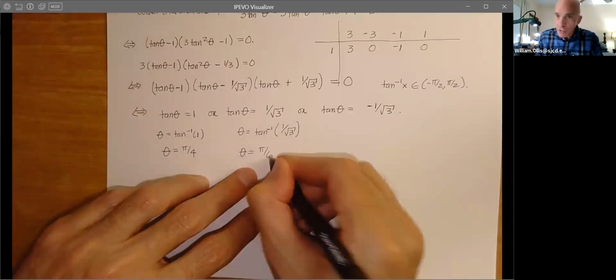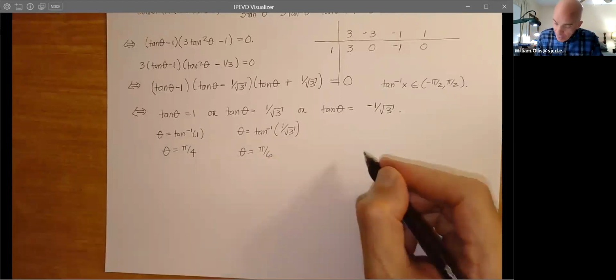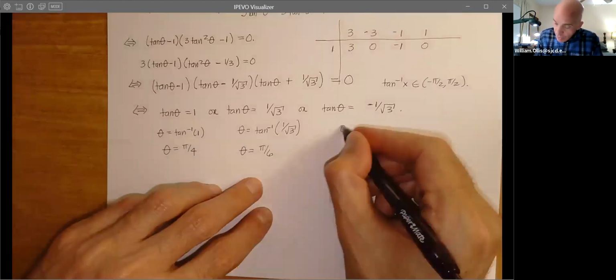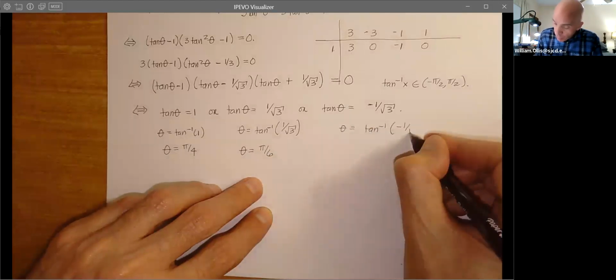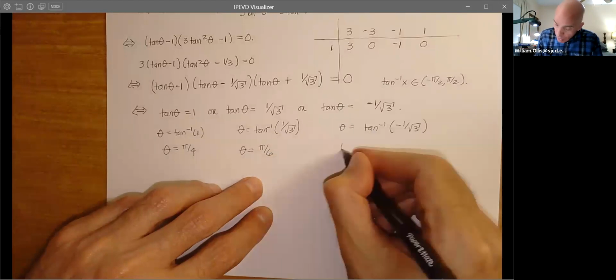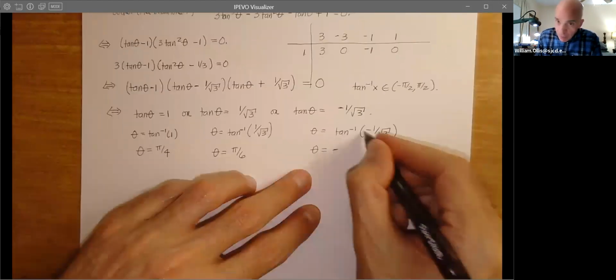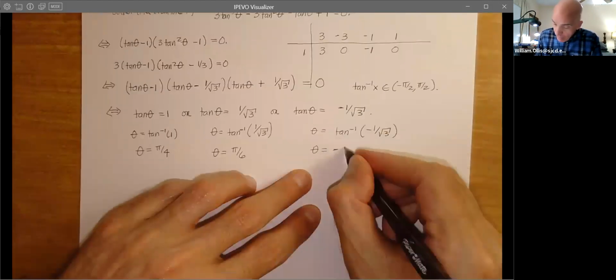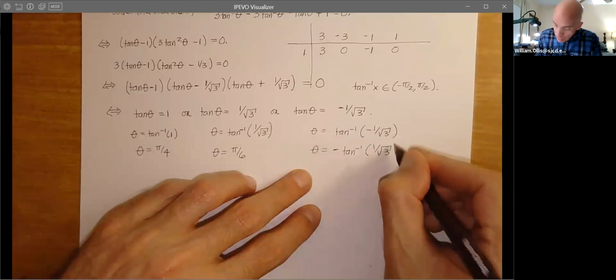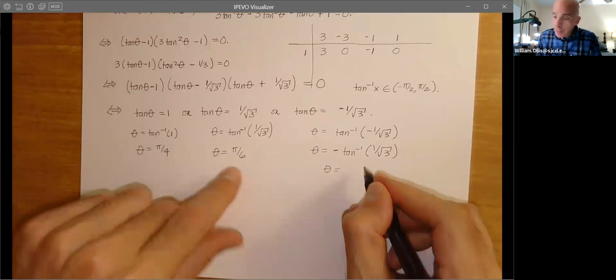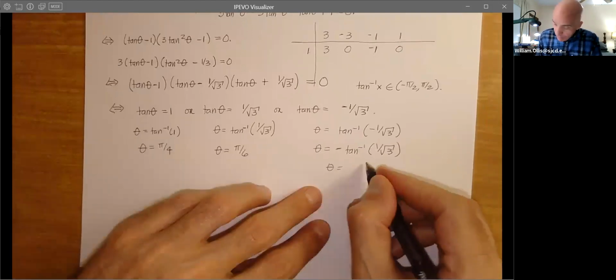So just think of the unit circle and the ratio. And now here, theta equals the inverse tangent of negative 1 over root 3. Again, just using the unit circle. Since inverse tangent is an odd function, that'll just be the negative of this, or negative pi over 6.